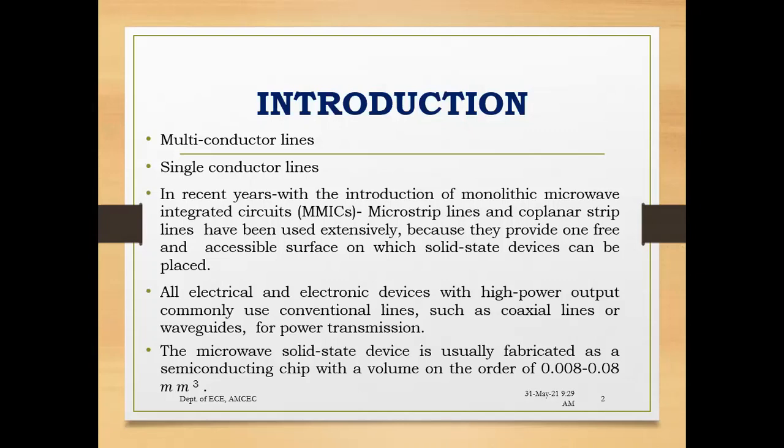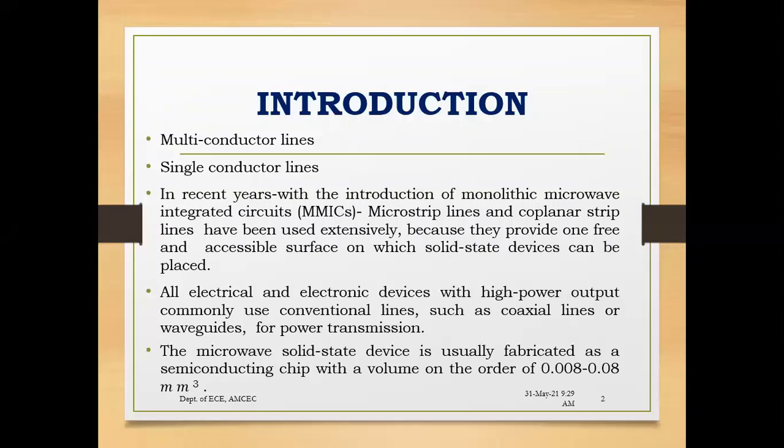So what is the difference between multi-conductor and single conductor lines? In multi-conductor lines, the mode of transmission is TEM waves, that is, transverse electromagnetic waves. Whereas single conductor lines are the ones you have studied: rectangular waveguide, circular waveguide, ridged waveguide. Here the mode of transmission is transverse electric or transverse magnetic waves, but it will not be both.